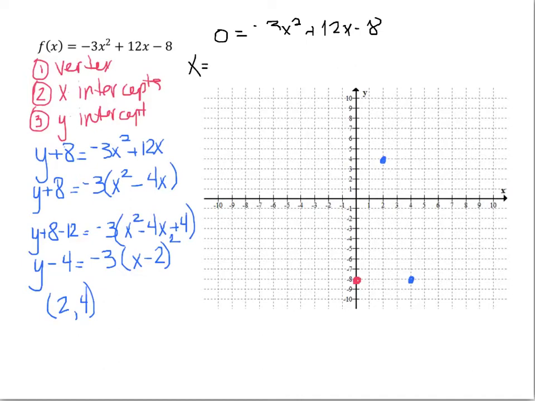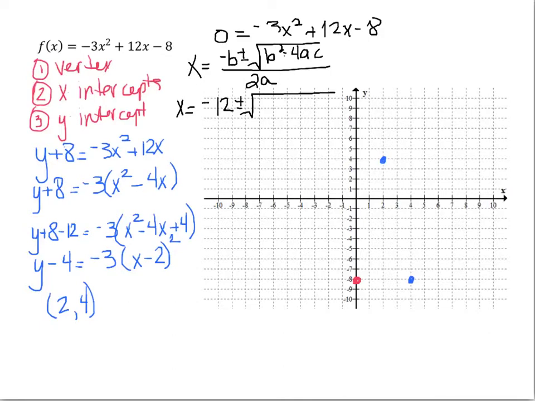So x is equal to negative b plus or minus the square root of b squared minus 4ac over 2a. All over 2 times negative 3.